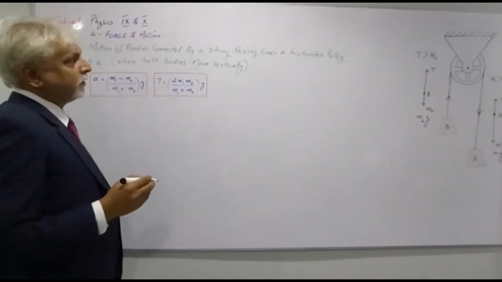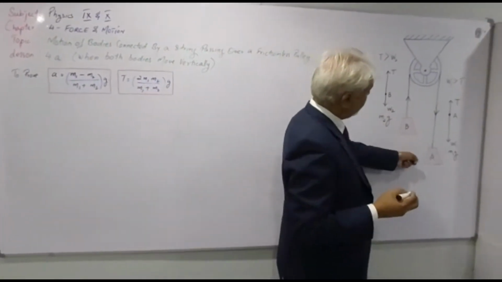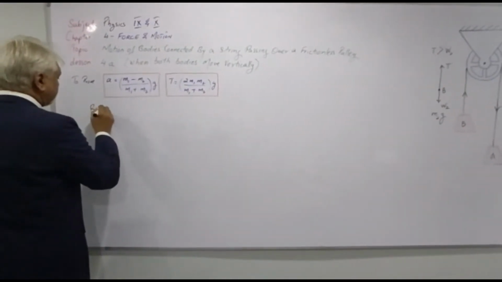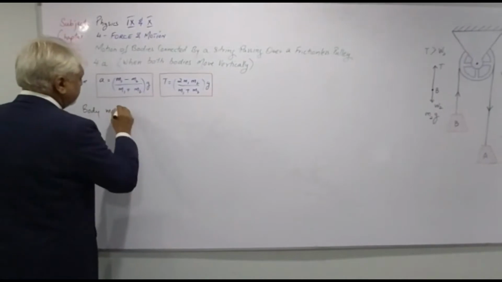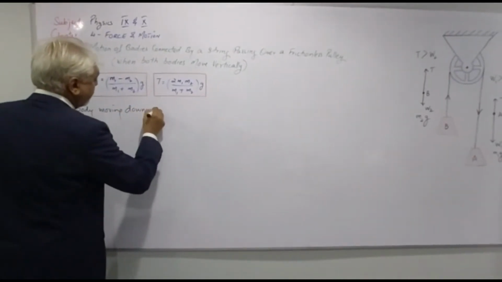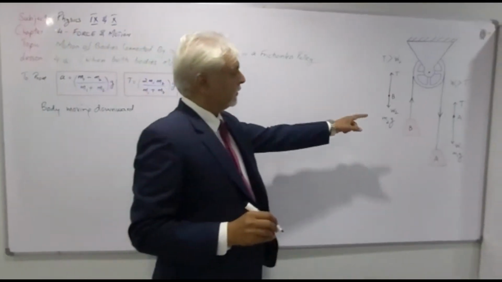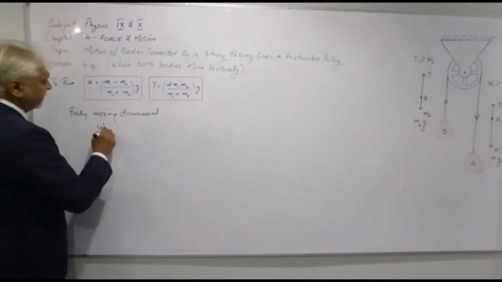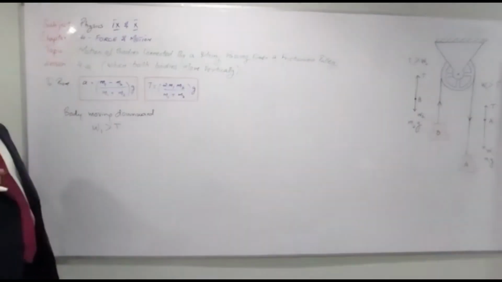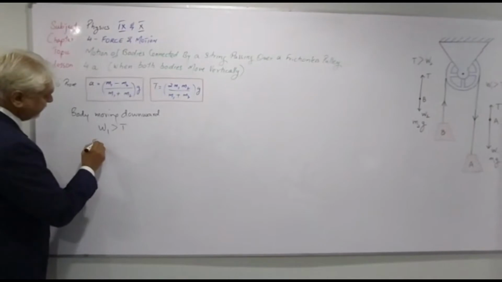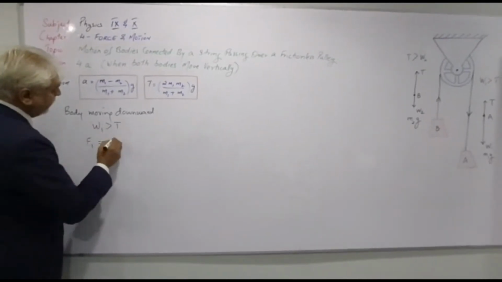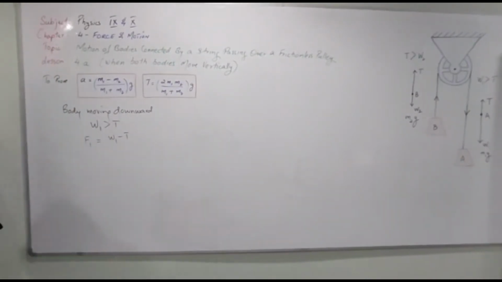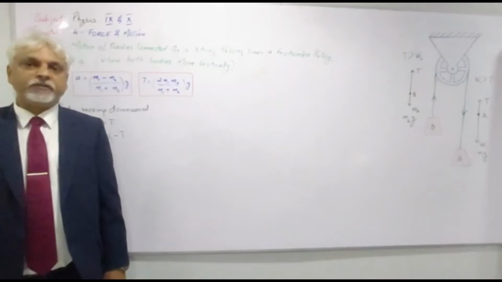So let's consider this body A moving downwards. For the body moving downward, as you know, the weight W1 is greater than tension T. So the total net force acting on it will be F1 equals W1 minus T. Now, according to Newton's second law of motion, F equals ma.